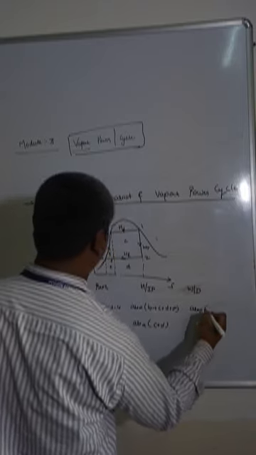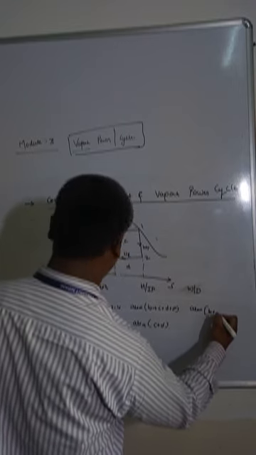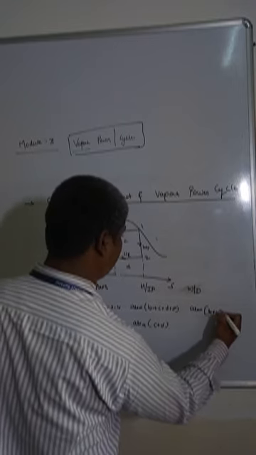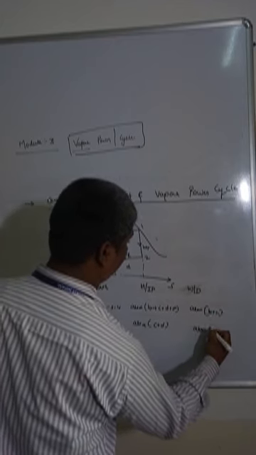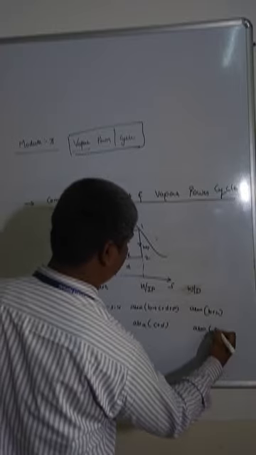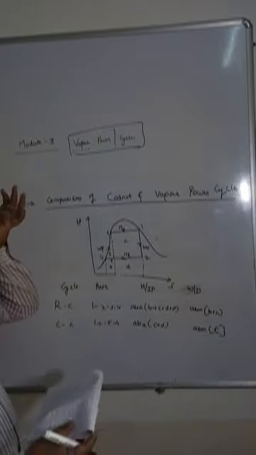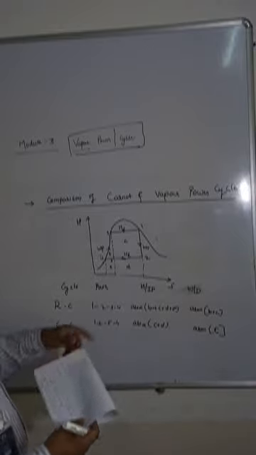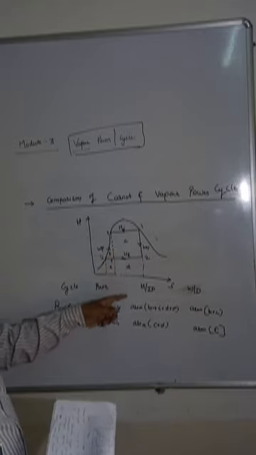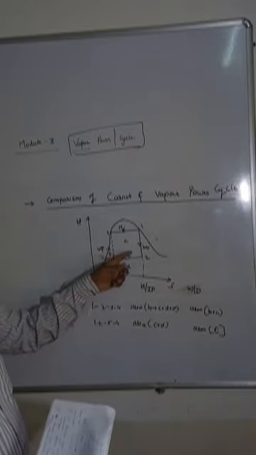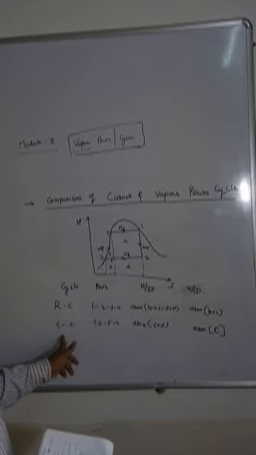So how much is the work done? The work done area for Rankine cycle is B plus C, and for Carnot it is only C. More heat input is for Rankine cycle and less heat input, C plus D, is for Carnot cycle.